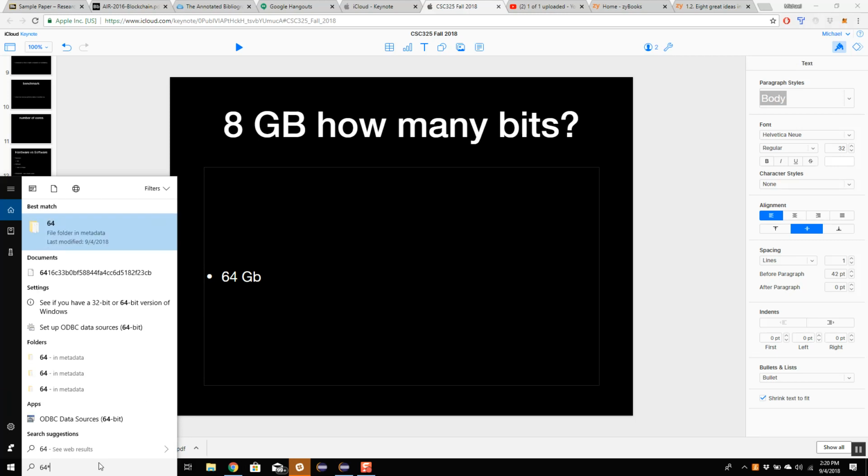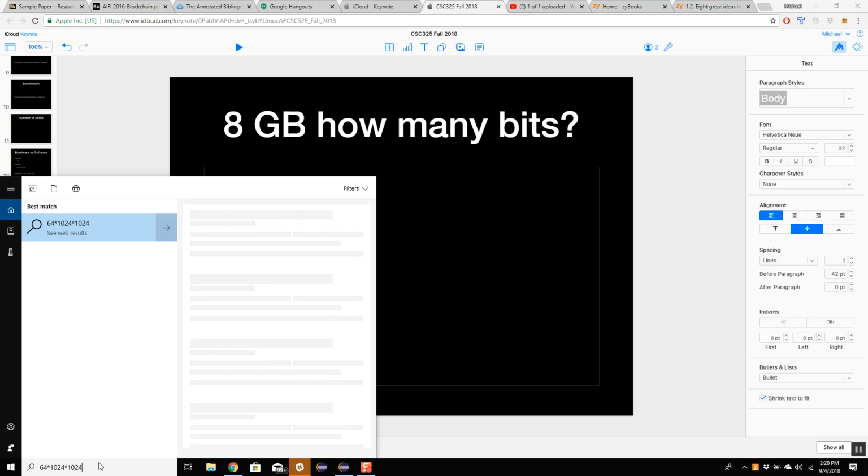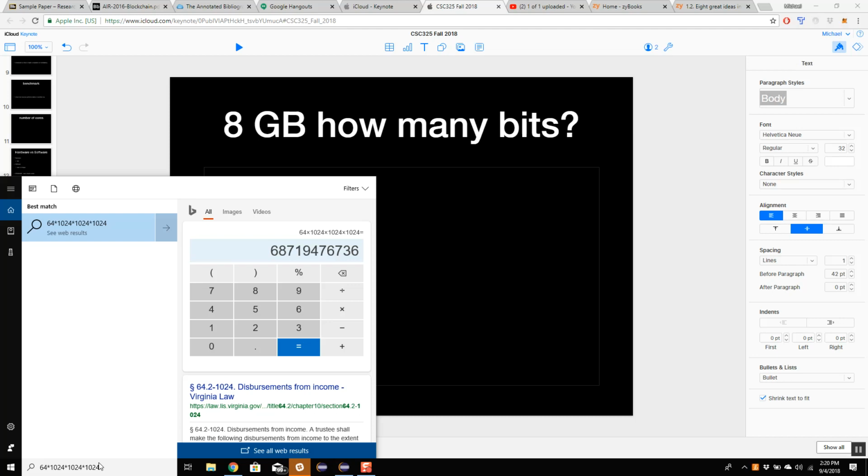So 64 times 1,024, that's megabits, times 1,024, that's kilobits, times 1,024, that's bits. So that's 68,719,476,736. Pretty small number.